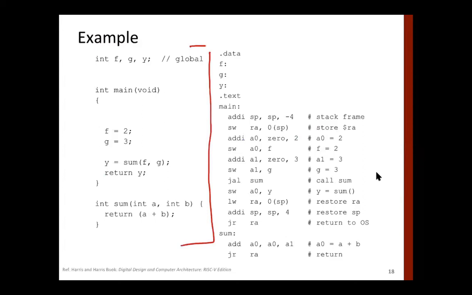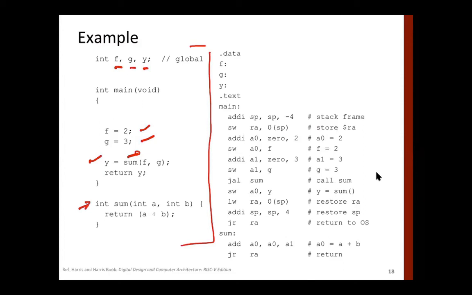We are defining global or static variables int f, g, and y, and then the main program. We use the global variables f and g, as well as y, and then we call a function called sum, which is here.